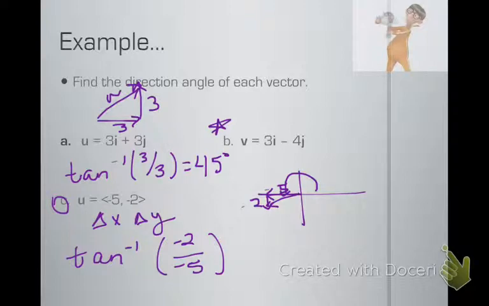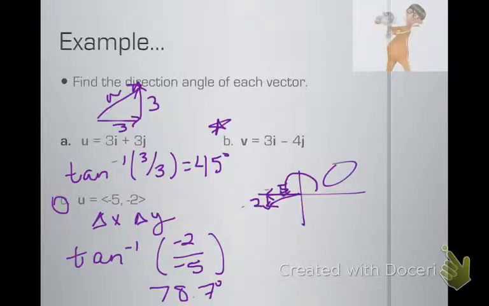Now this is important for us to realize, because when I take the inverse tangent of 2 over 5, it doesn't realize that I used a negative number and a negative number. My calculator is going to think I used both positive numbers. So the inverse tangent of 2 divided by 5 is, your calculator says, 78.7 degrees. But that's up here in the first quadrant.